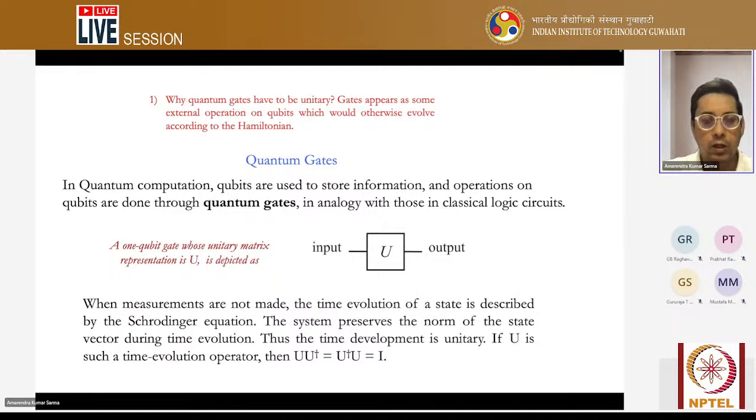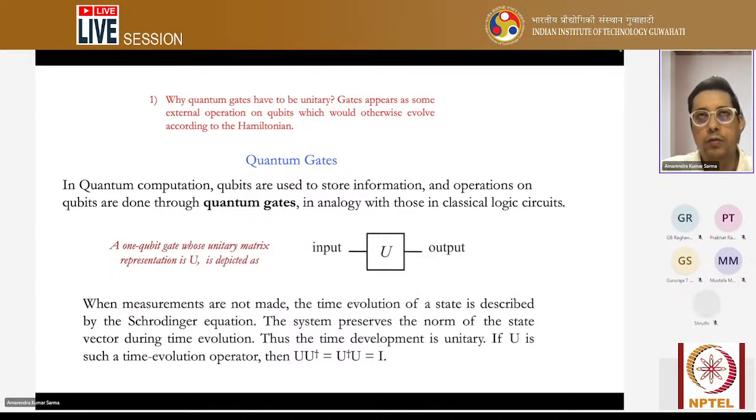So quantum gates are also basically Hermitian operators, and they have to be unitary because when such operations are made, the norm of the state has to be preserved, right? I think this is the reason. In fact, I have written it here.